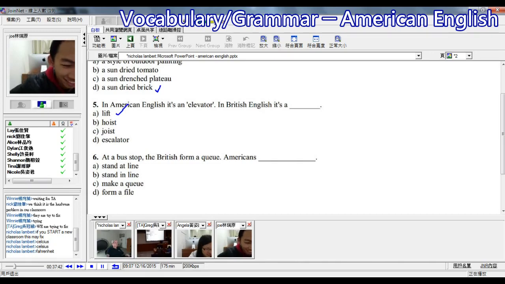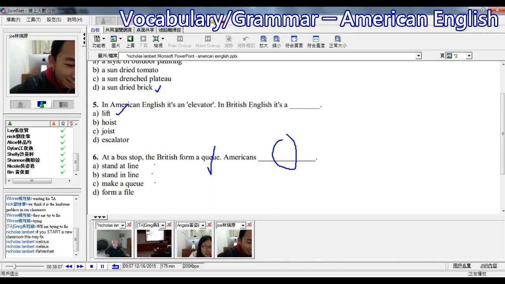At a bus stop, the British form a queue. How do you spell queue? Q-U-E-U-E. Very good. All right, Americans, what do they do?